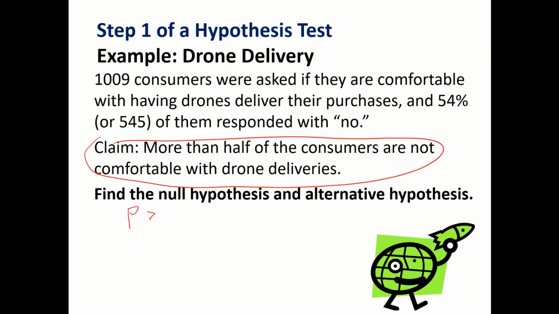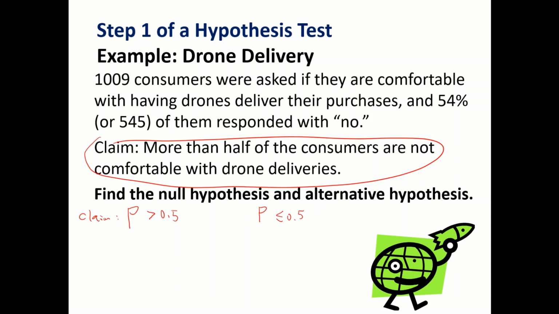That will be greater than 0.5. This is the claim in symbolic form. So now to find the null hypothesis and alternative hypothesis, first we want to find the exact opposite statement of the claim, which is P is less than or equal to 0.5.